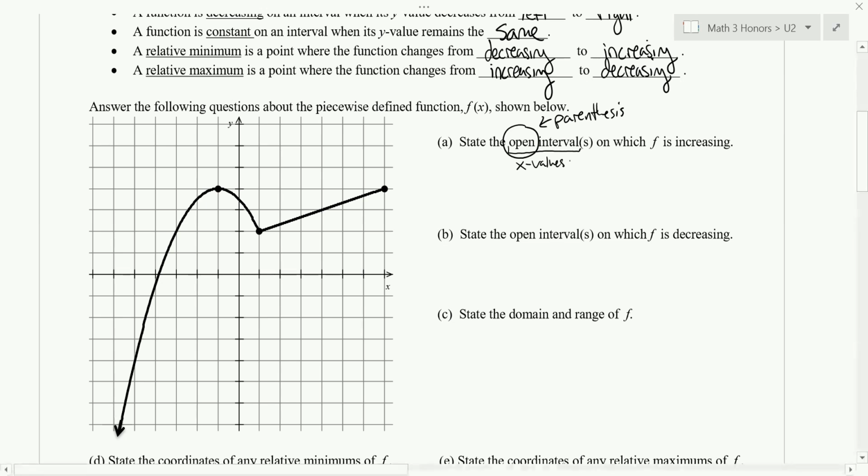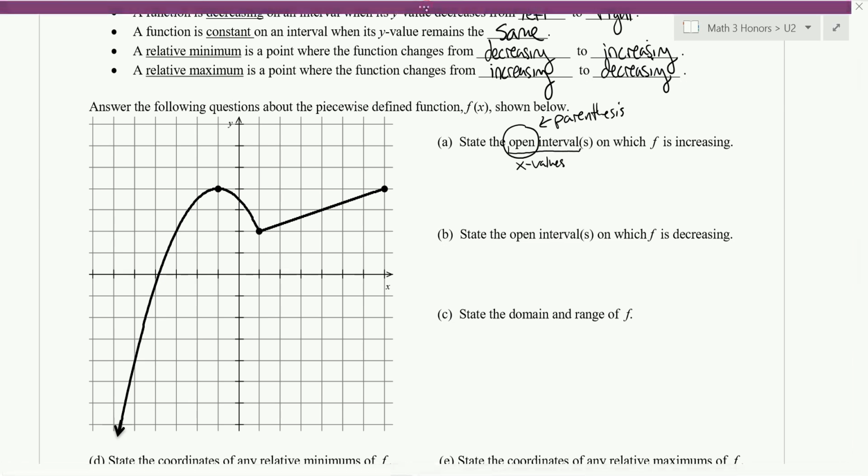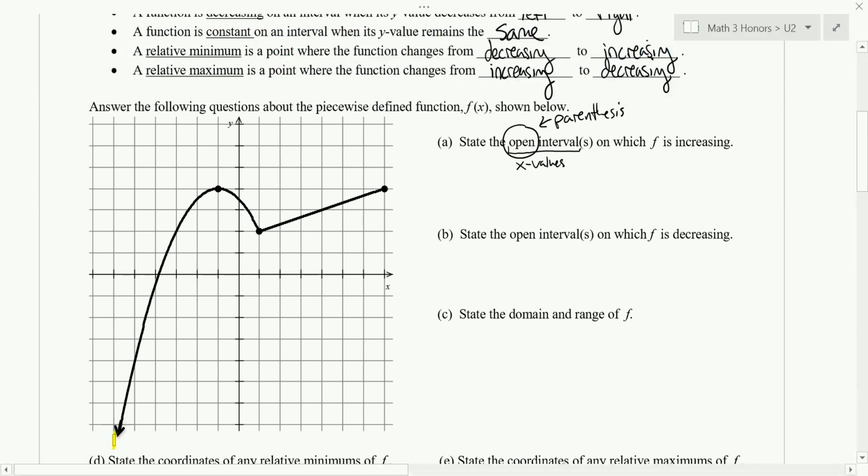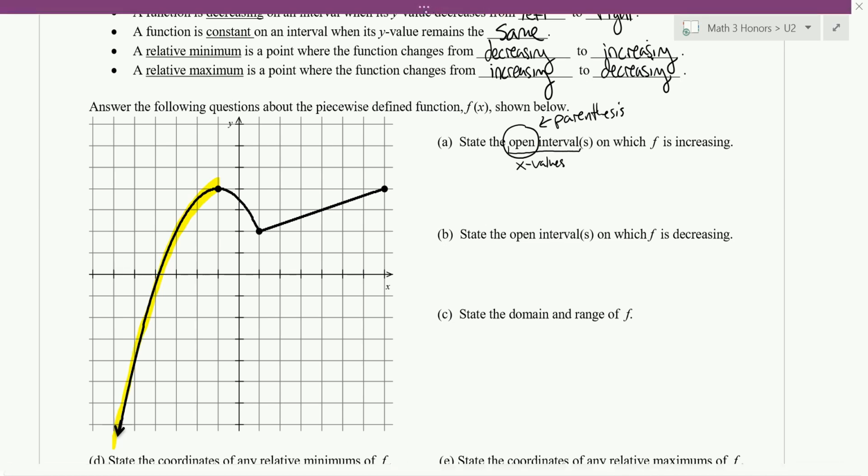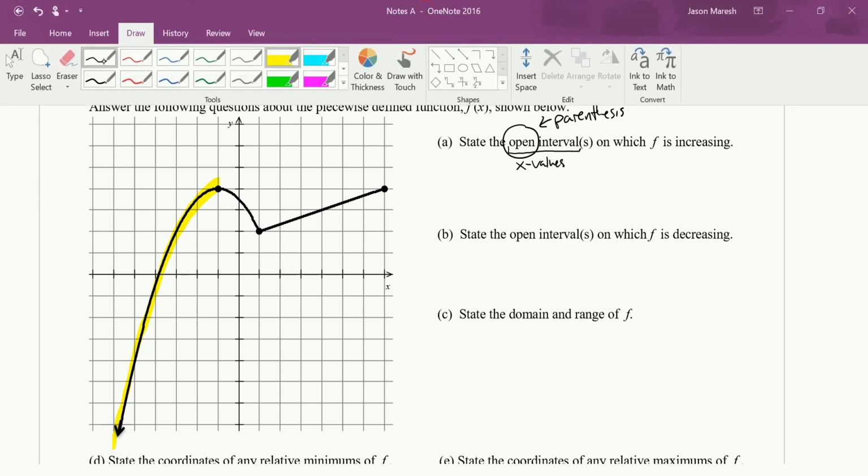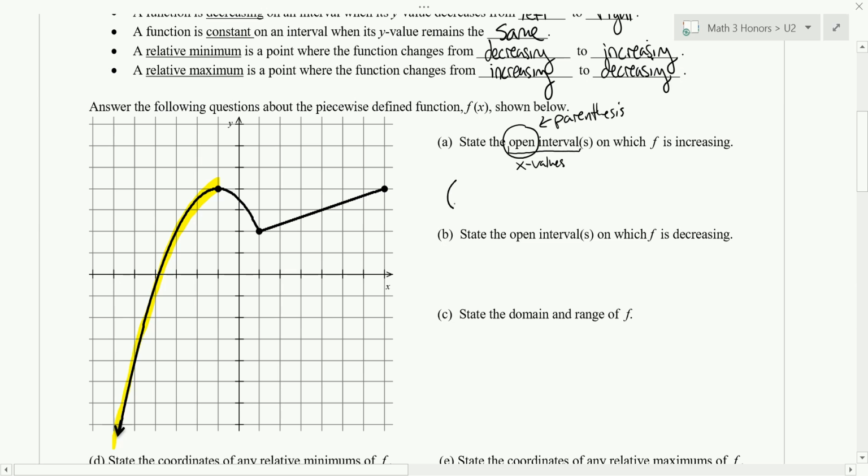So it's increasing from negative infinity all the way until it gets to, okay, so I'll trace that for us. So increasing here. So that open interval would be negative infinity to -1.